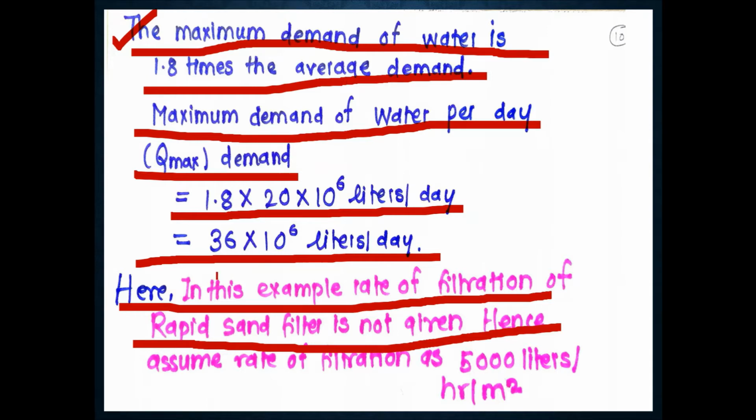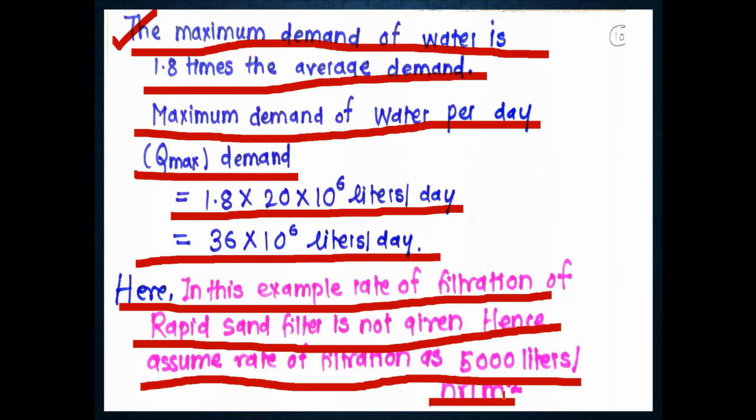In this example, the rate of filtration of the rapid sand filter is not given, hence assume the rate of filtration as 5000 liters per hour per meter square of filter area. Why have we assumed this?